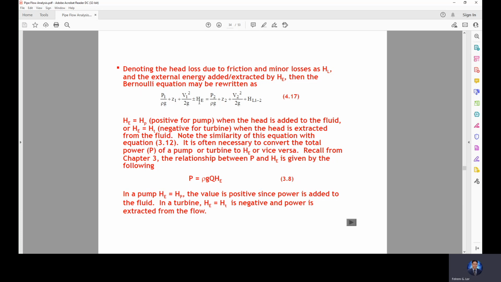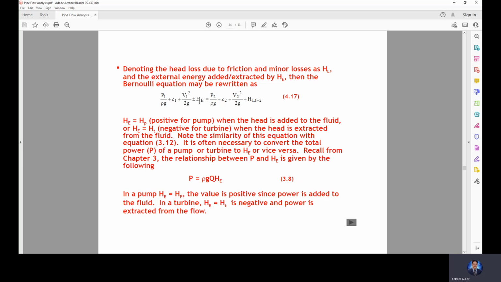So if you'll put it in the left side of the equation, that's actually plus or minus. Plus if added, minus if extracted. Okay, then on the right hand side of your equation, that's the head loss.